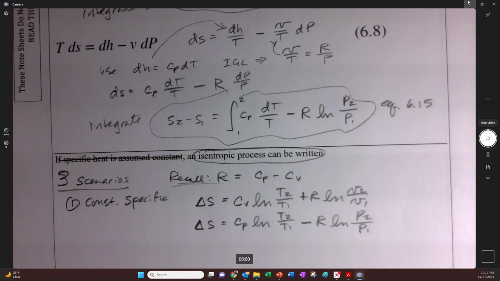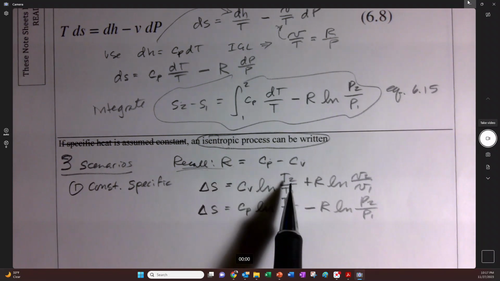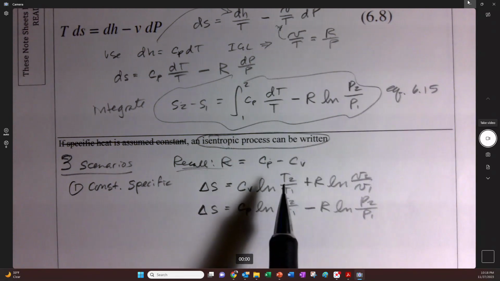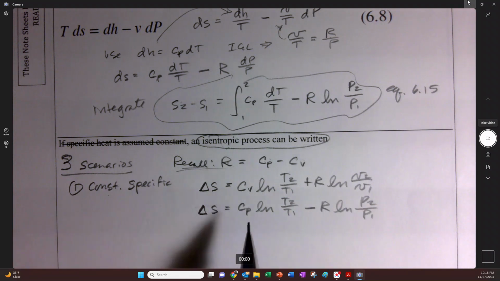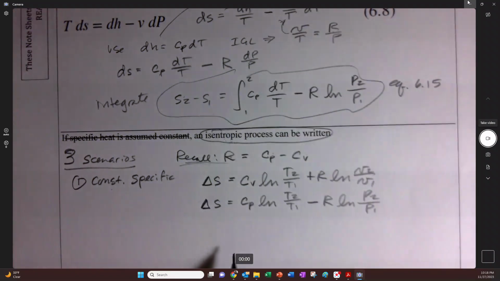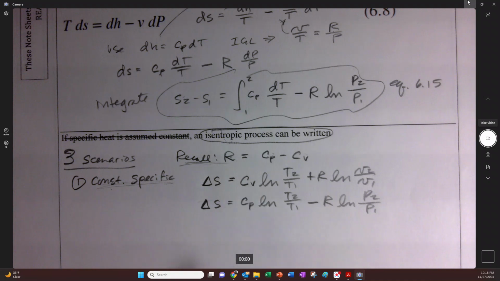All right, and these are not process specific, but they are specific to being an ideal gas and having constant specific heat, right? So this is one approach, but as we've seen previously, this constant specific heat does not always hold true.